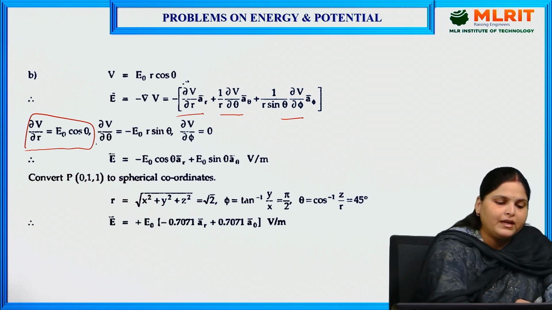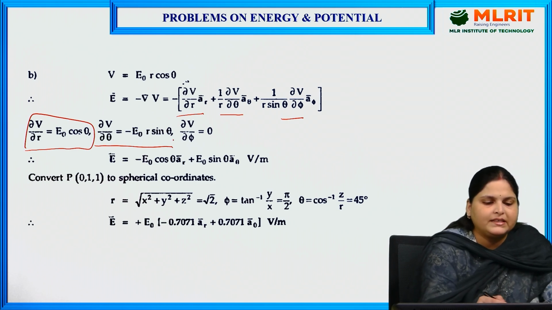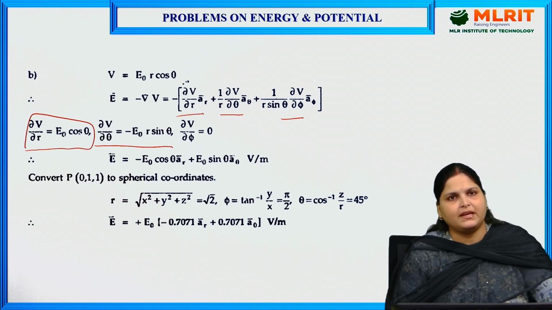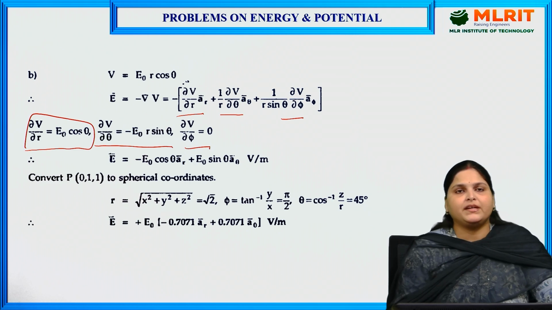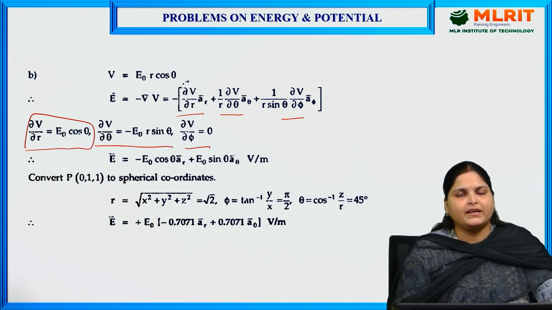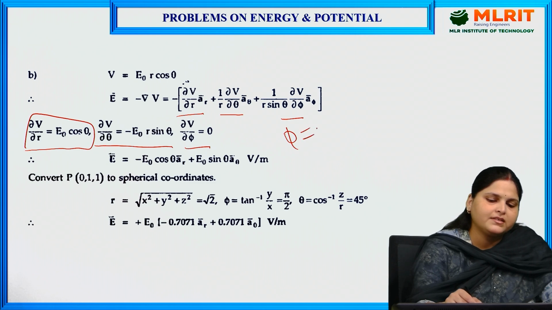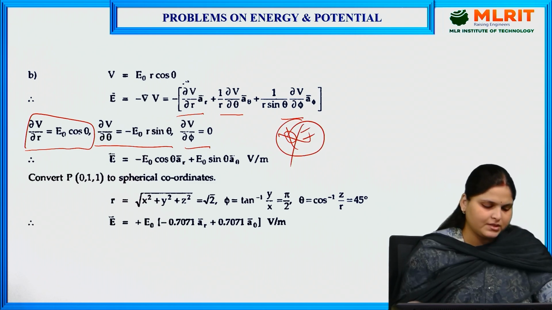Next, dou V by dou theta gives minus E naught R sin theta, as the differentiation of cos theta is minus sin theta, and R and E naught are constants. If we differentiate V with respect to phi, it becomes 0, because there is no phi term.